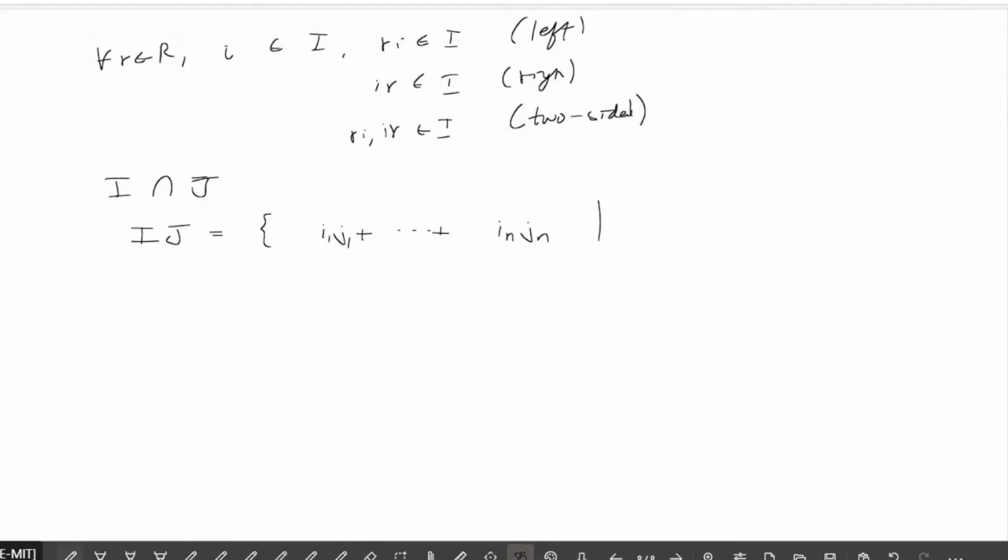You don't need linear combinations. Finite sums of products of this form: one from I, one from J, first from I, second from J. That will be this set, and it will also be an ideal.